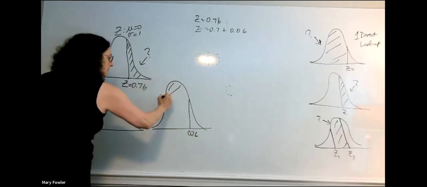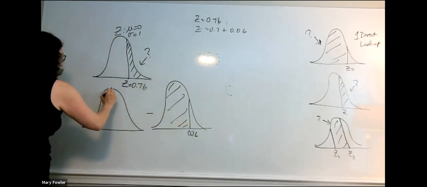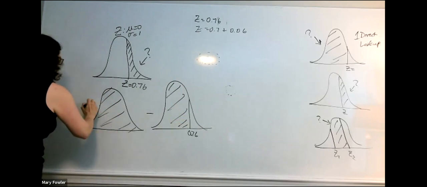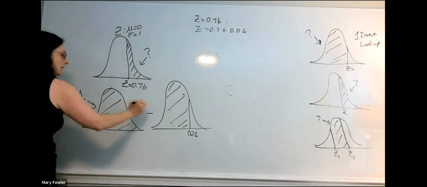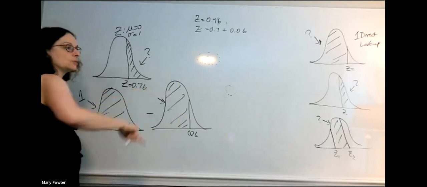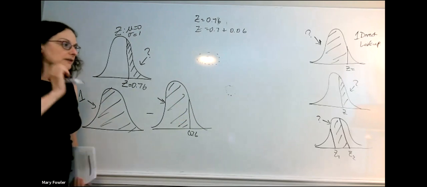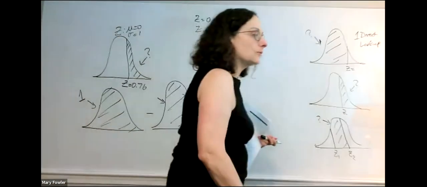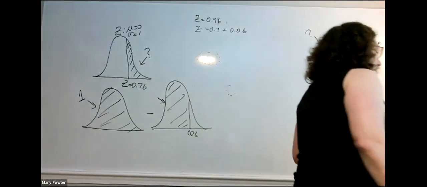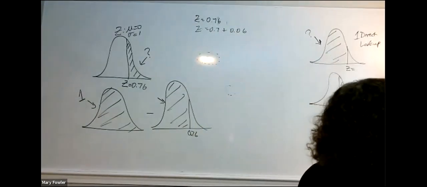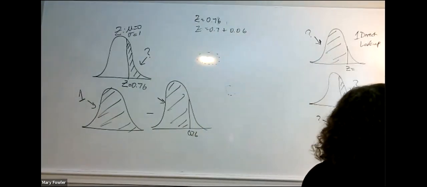Okay, so that is to say, this is 1 minus whatever we get when we do this direct lookup. So we're not going to draw the double curves all the time, but I wanted to have them on there for now. I'm going to go to the formula card, if you will, as well, and look for the tabled value for 0.76.